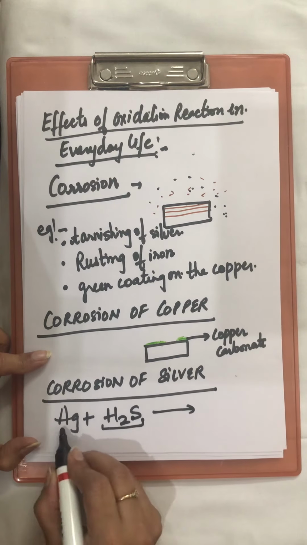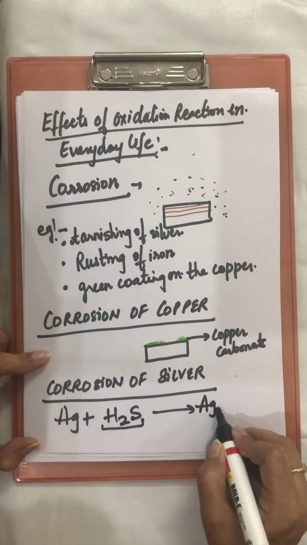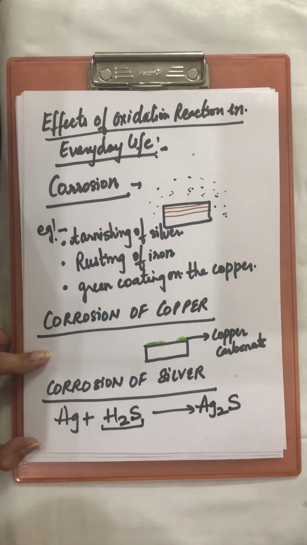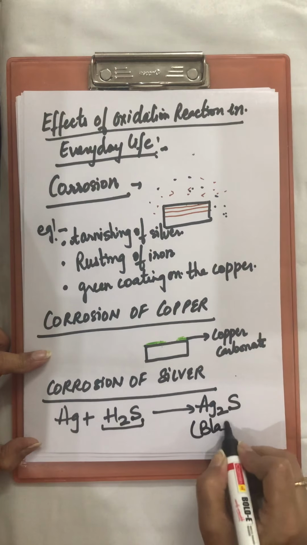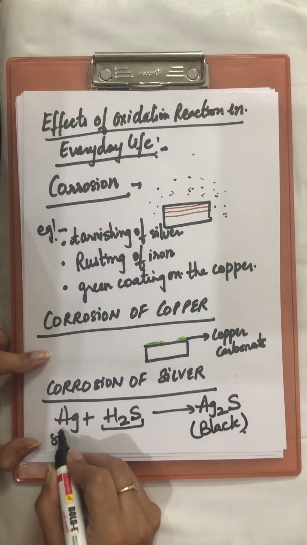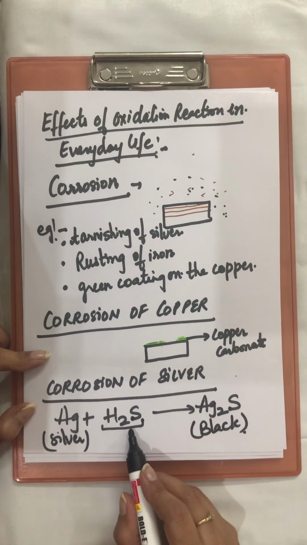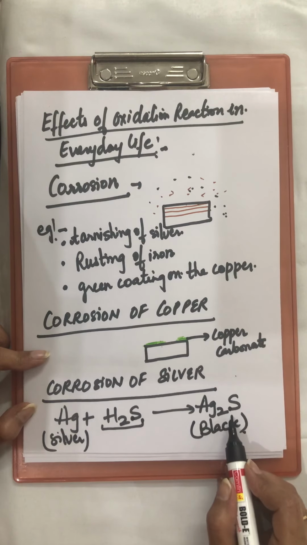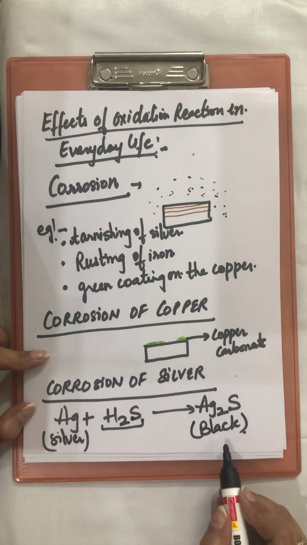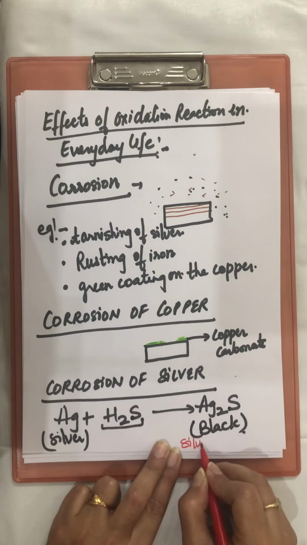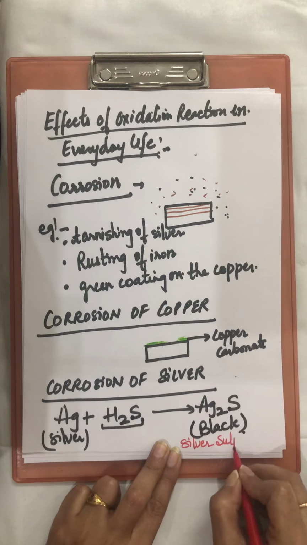Because of this reaction, silver changes to silver sulfide. And silver sulfide is of which color? Black color. This is shiny silver color, but when it comes in contact with air, it reacts with the H2S present in air and changes to silver sulfide, which is of black color.